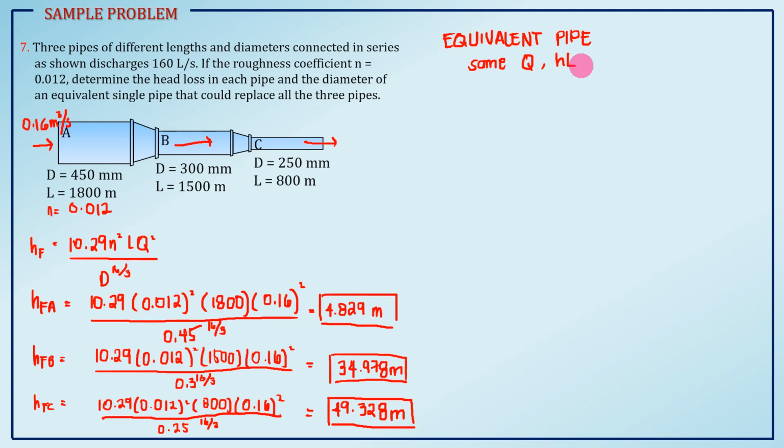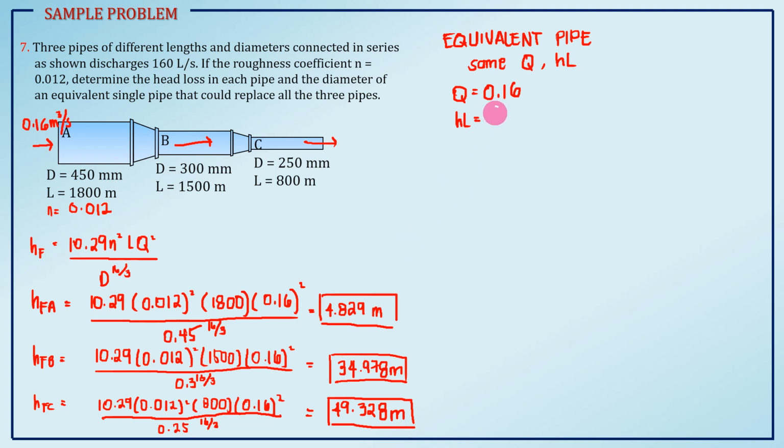So, the Q in this problem is 0.16. Then, the head loss ngayon must be equal to the total of your HFA, HFB, and HFC. Kasi yan yung total head loss mo along this pipeline. So, calculate natin yung total head loss.